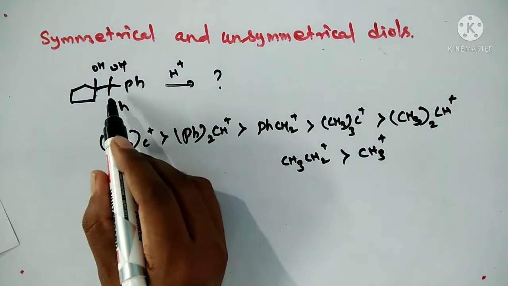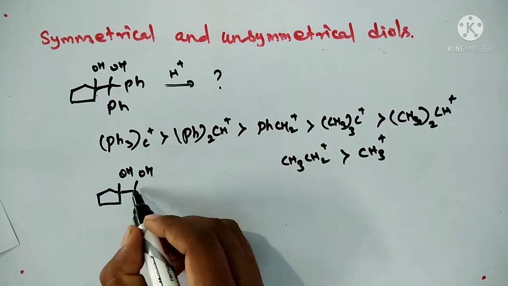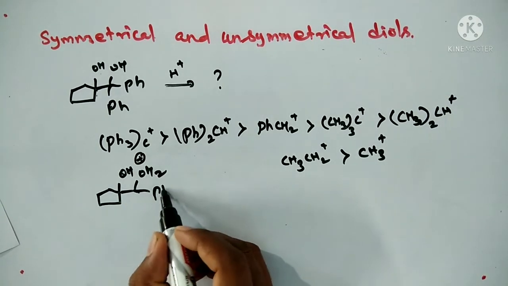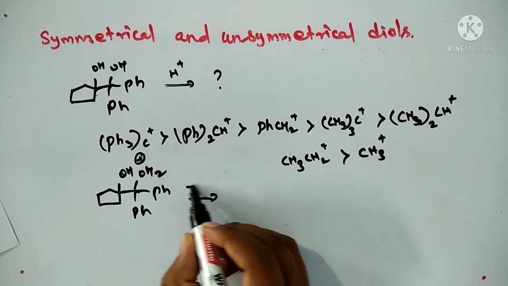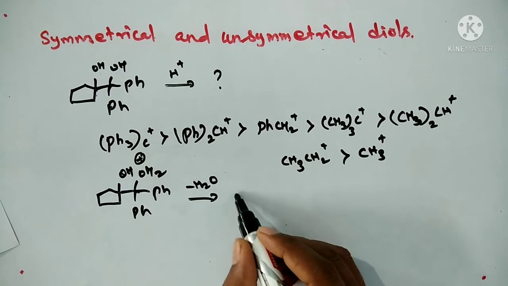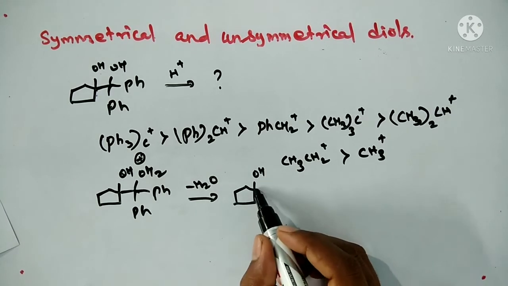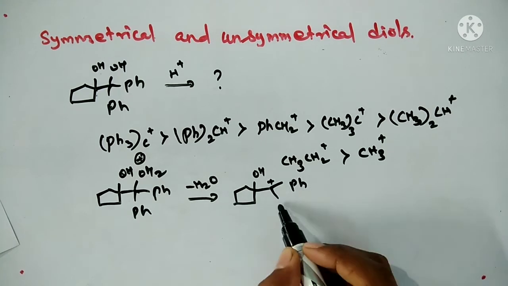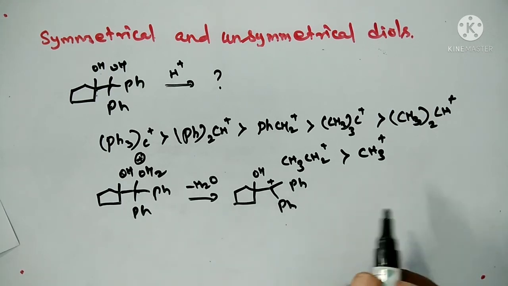So if you look at this, in the presence of acid it will get protonated, you will get an oxonium ion, then it loses the water molecule. So you get OH and a diphenylmethyl carbocation. This is more stable than the other carbocations.